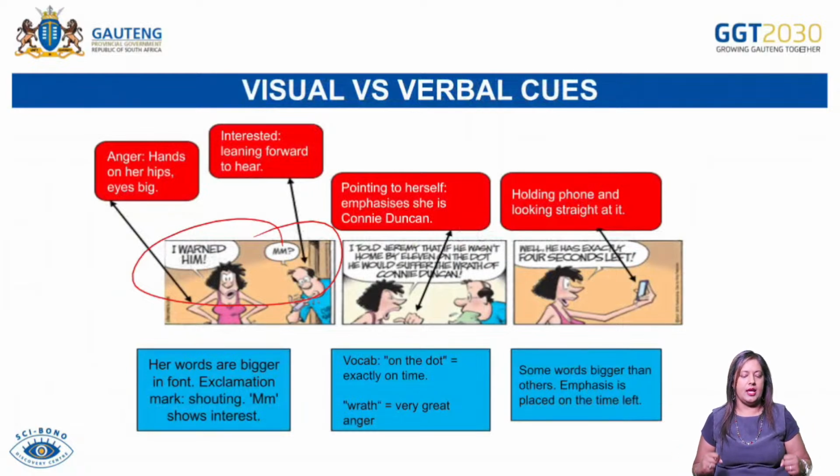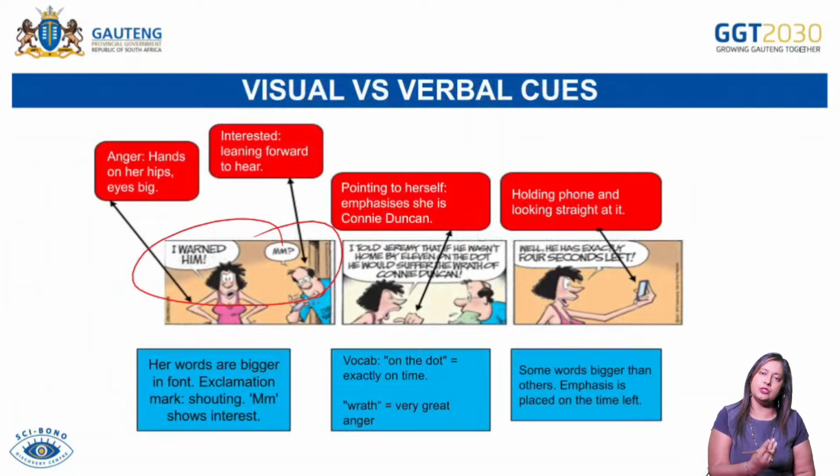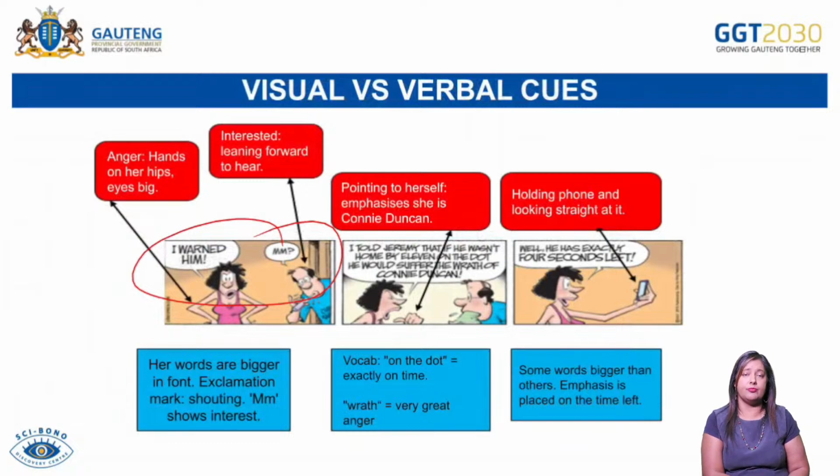All right? Her eyes wide open would be the visual that you're looking at. Then, to keep that idea going across, look at the father's posture. He's coming into the frame. He is leaning forward towards the mother's structure, again showing he's interested in what the mom is talking about.